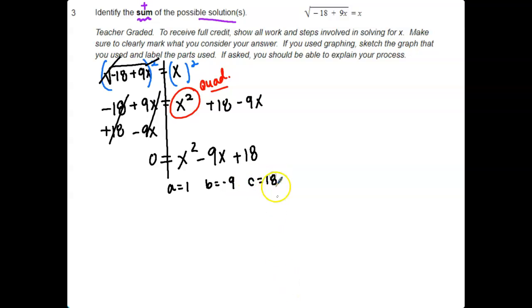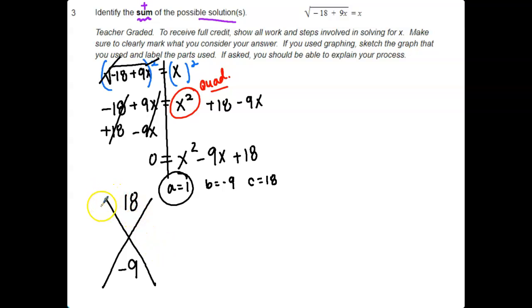I'm going to notice that my a is equal to 1, which means that when I factor this, I can use a shortcut. X method: 1 times 18 is 18, and -9 at the bottom. So coming up with our side numbers, we could do like 1 and 18, but that wouldn't be -9.